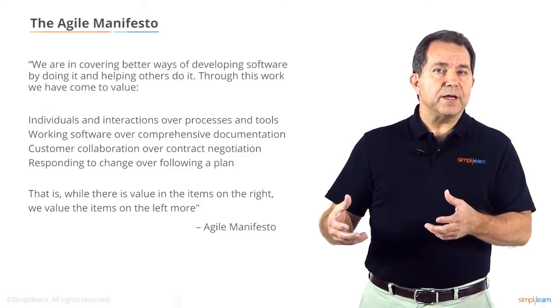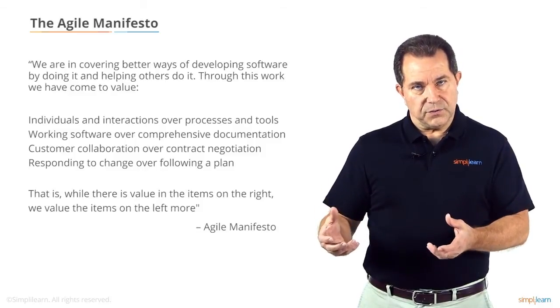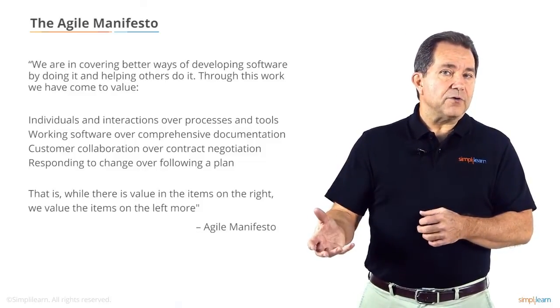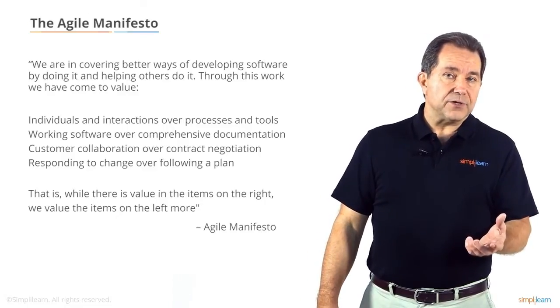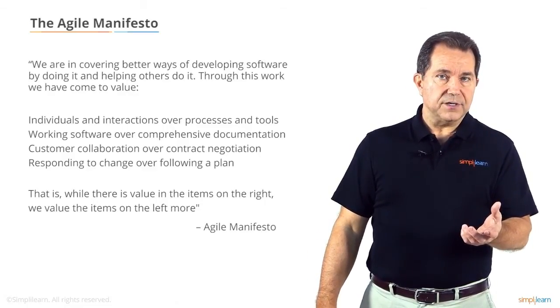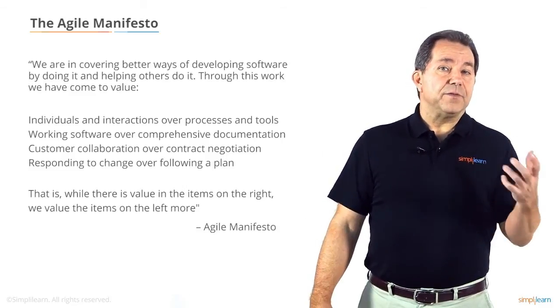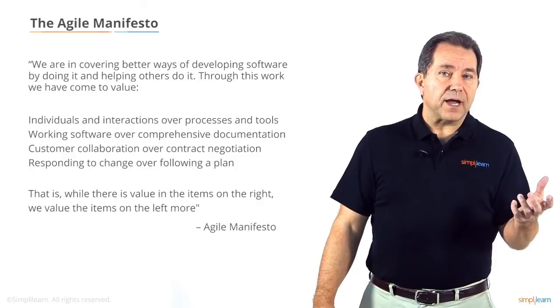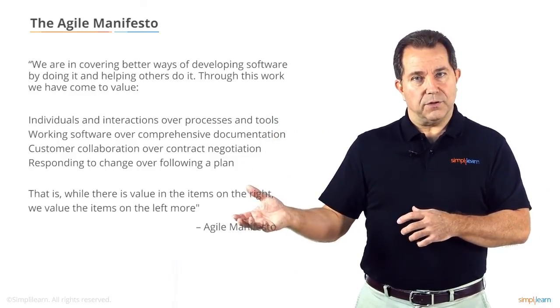Through this work, we have come to value individuals and interactions over processes and tools, working software over comprehensive documentation, customer collaboration over contract negotiation, responding to change over following a plan. That is, while there is value in the items on the right, we value the items on the left more. Close quote. Let's take a look at the four main points in the manifesto.